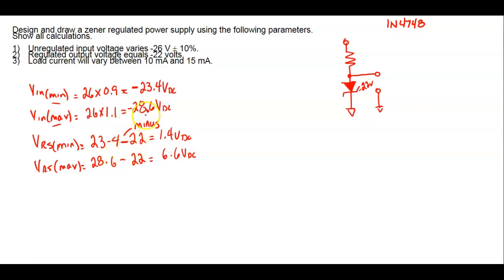Negative 26. We're subtracting numbers. So what we're doing is we're using the absolute.